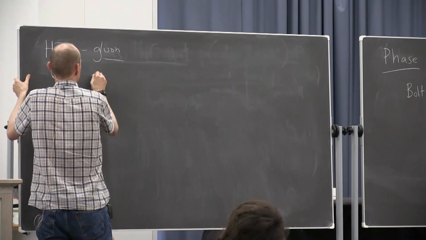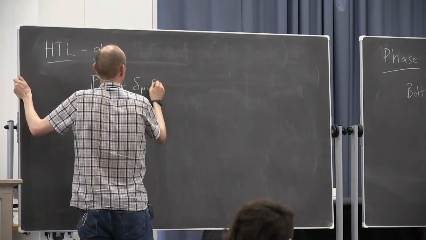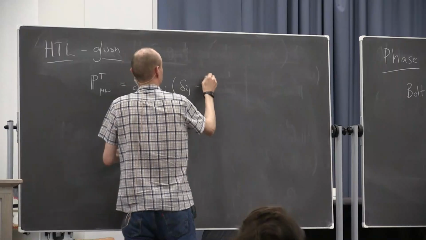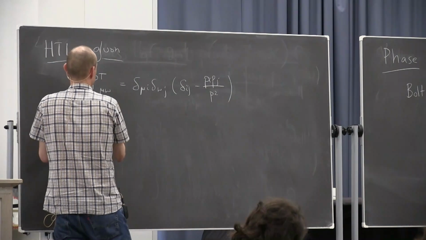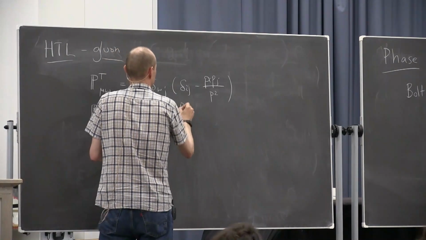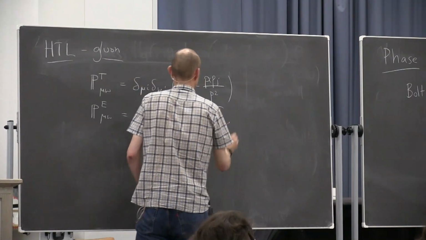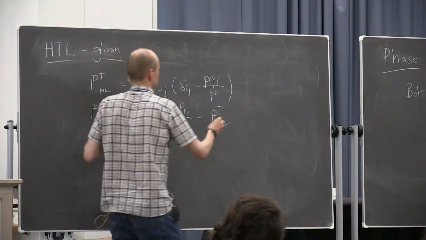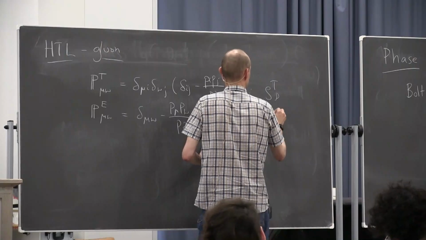We had the transverse polarization and then we had what we call the electric polarization. And then there were the corresponding spectral functions, rho T, rho E.